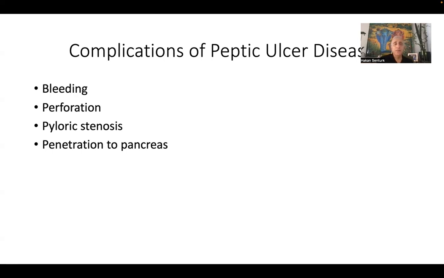If the ulcer in the bulb or prepyloric area is a large one, and it heals with fibrosis development, which is called a cicatrice, then pyloric stenosis may develop, and it causes gastric outlet obstruction. It is also rare, but happens. And the rarest one is penetration to the pancreas. In the past, it used to happen, but nowadays it is very rare. The ulcer in the stomach or bulb may penetrate into the pancreas.